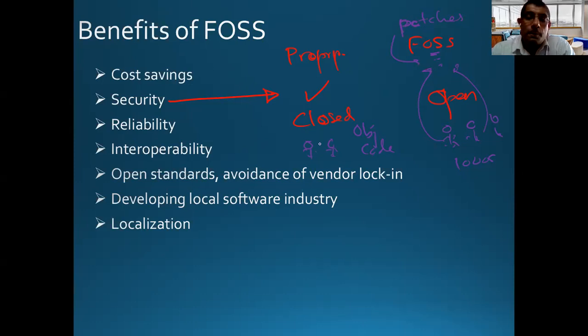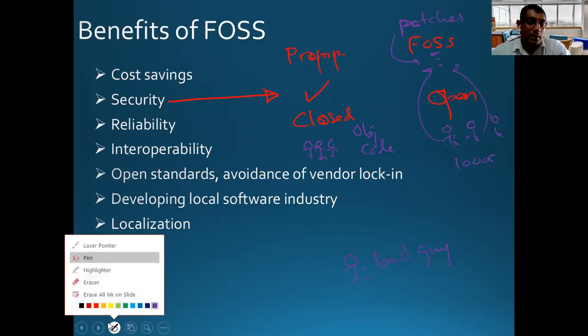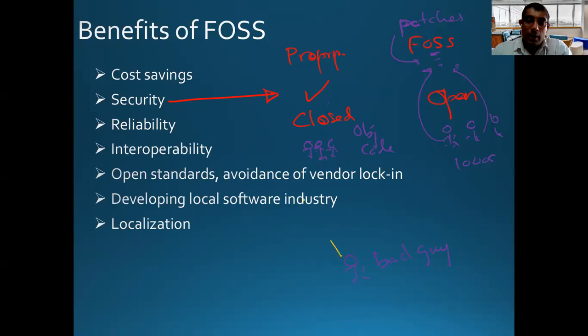But here, the only thing is object code, and unless these people have seen it, the problem will be there in the closed source proprietary software. Now they can say there is a bad guy here, right? So he will be trying his best to see whether he can break into this system by manipulating something.